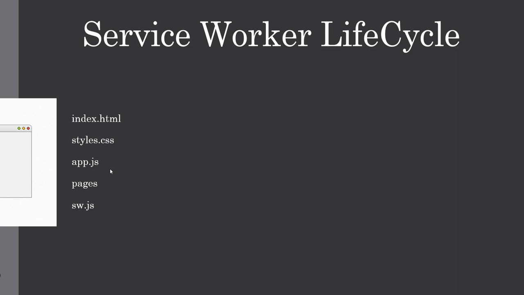We also have the app.js, and this particular file is responsible for registering our service worker. So we don't want to use the UI.js or the common.js that we have because we want this particular app.js or the service worker to be on a different thread from the UI.